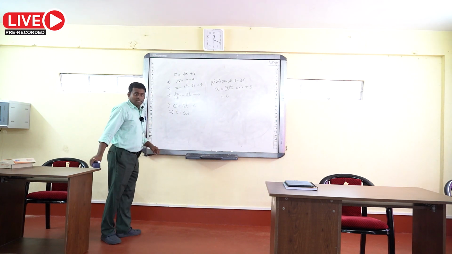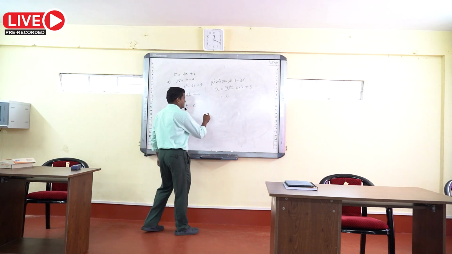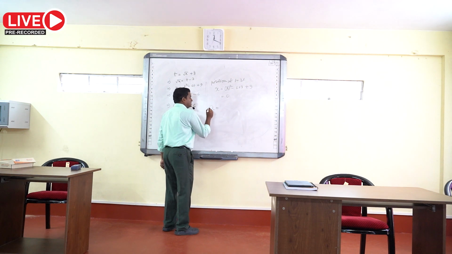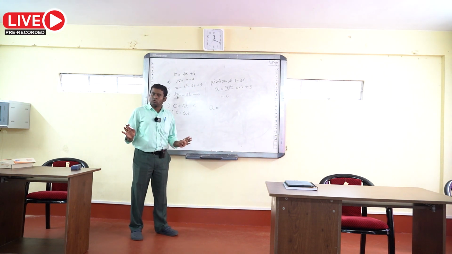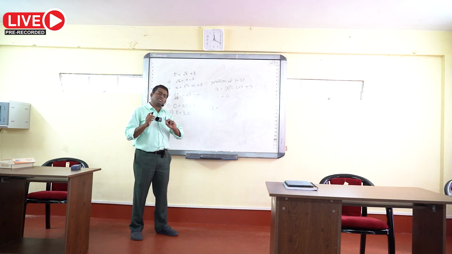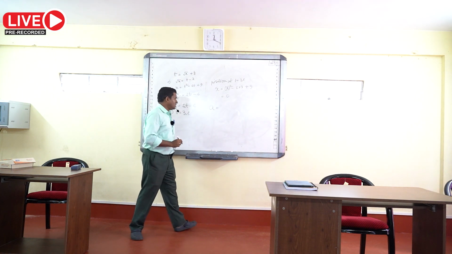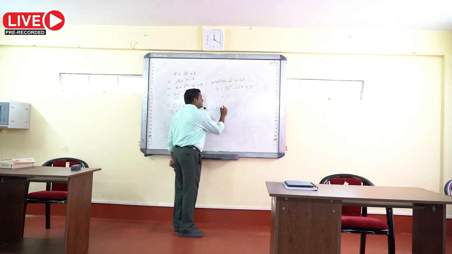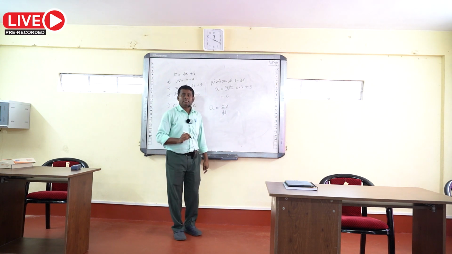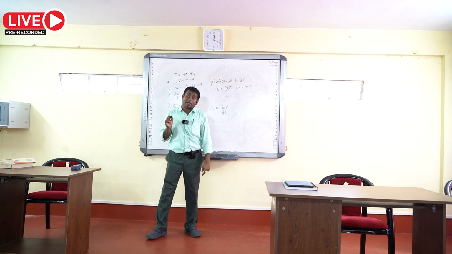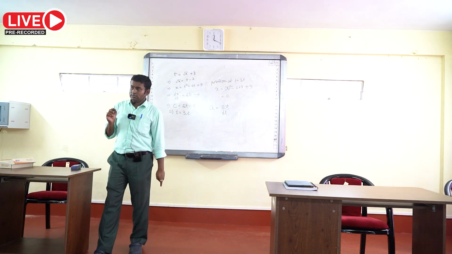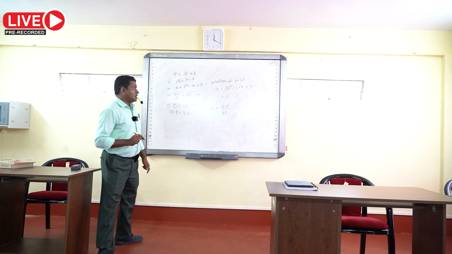And one more thing, acceleration when we write. Suppose we are considering one-dimensional motion, motion along the x-axis. We consider one dimension and direction is taken along the x-axis. So acceleration can be written as dv/dt. This can be written in another format also. How?